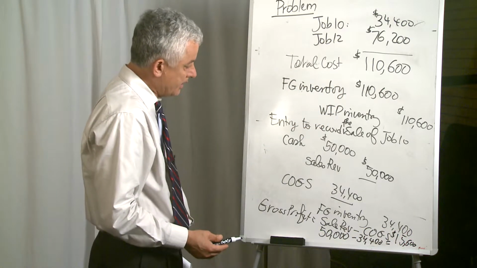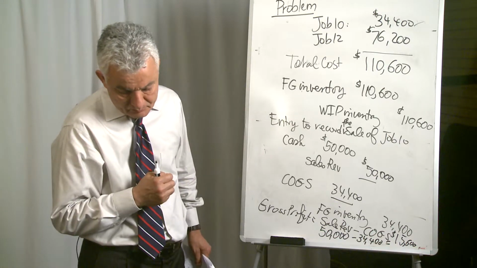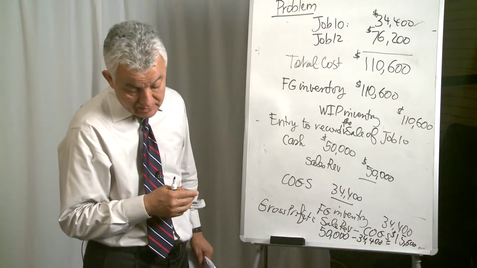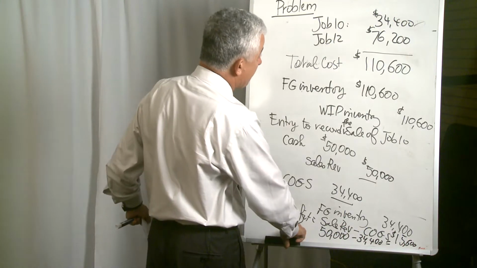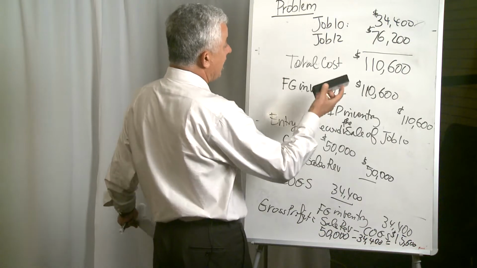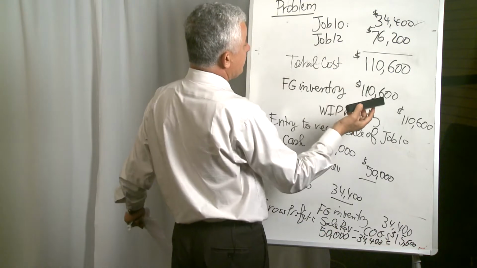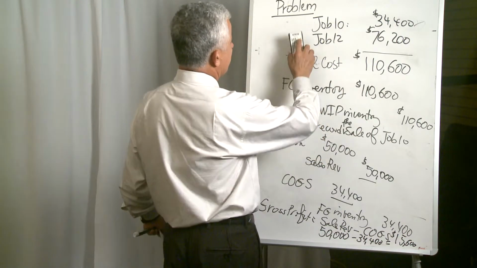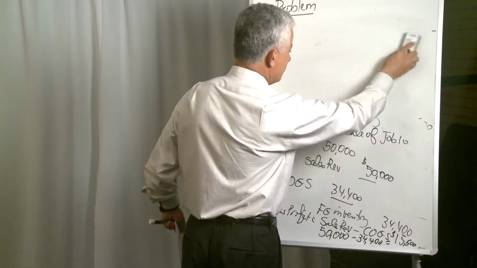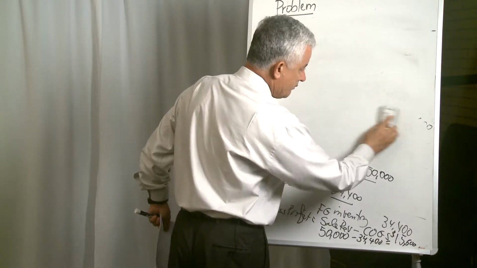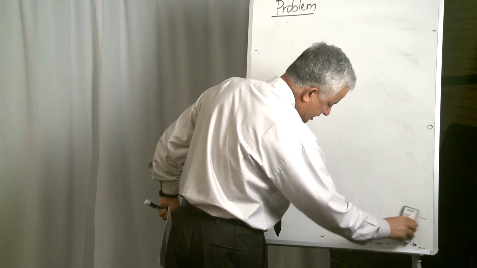Okay. Now the next question is, what is the cost assigned to the ending work in process? As we said earlier, the ending work in process consists of those jobs that were not finished by the end of the period, which is basically the cost of job 11. So the ending work in process will be the cost of job 11, which has not been finished yet.